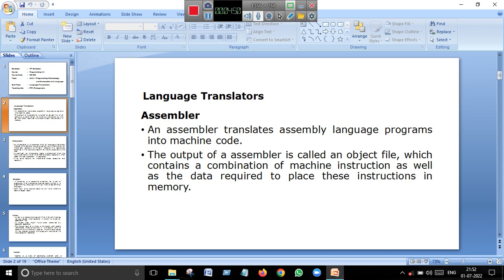With the help of those mnemonics, the programs or the code is written under this assembly language.